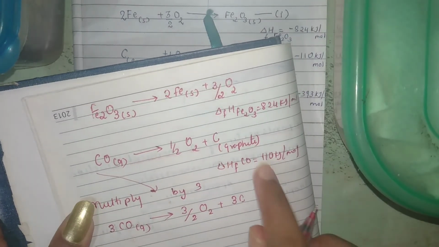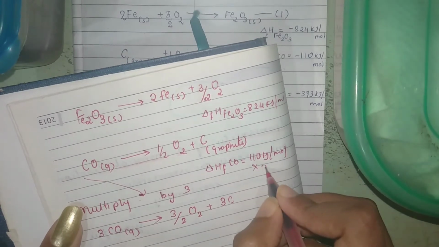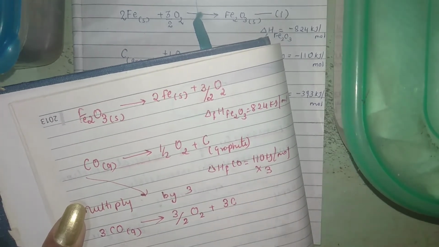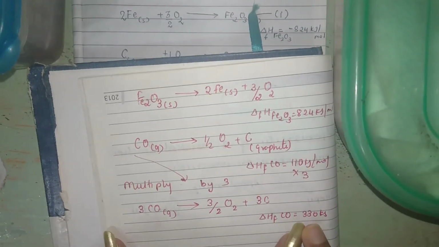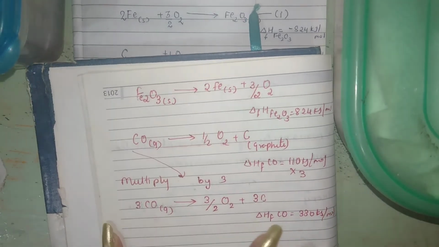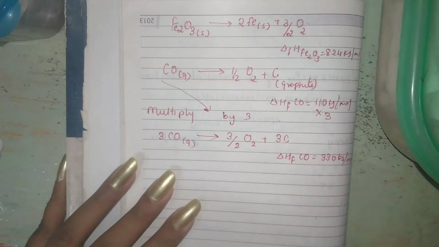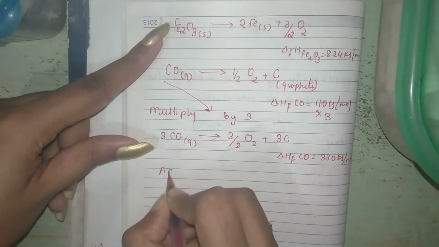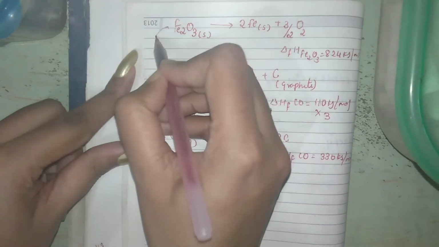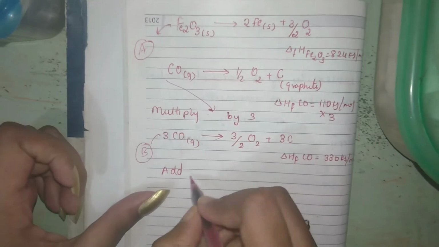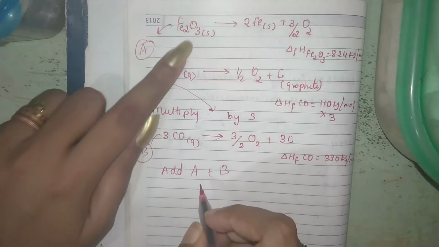This value will also be multiplied by 3, so I got 330 kilojoules per mole. Now I will add both these equations. Let this be equation A, let this be equation B, and A plus B.